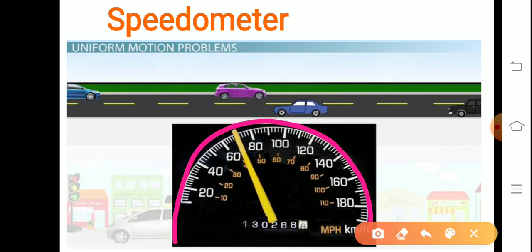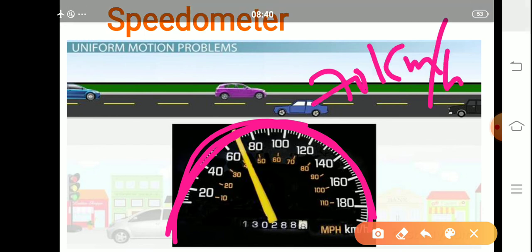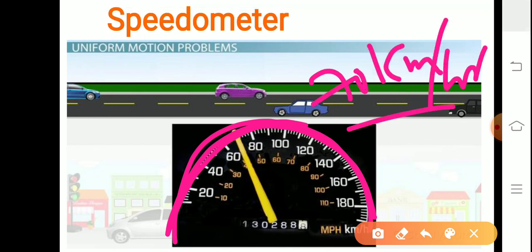By looking at the speedometer you can read the speed of the vehicle. See here, 60, 70 kilometers per hour. This shows the velocity of the object. This is nothing but the speedometer, to know the instant speed.